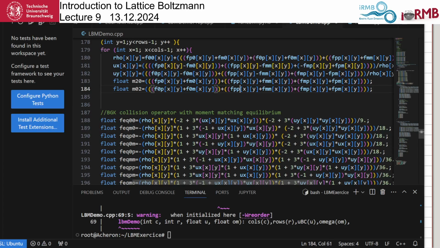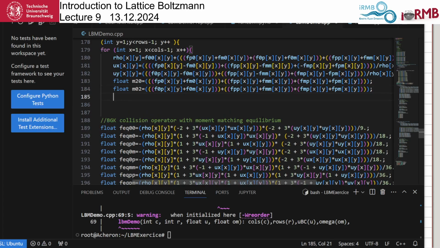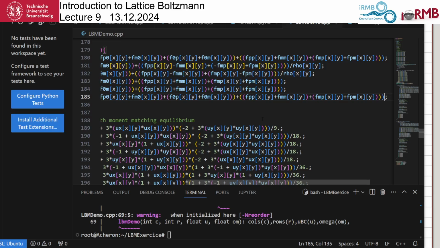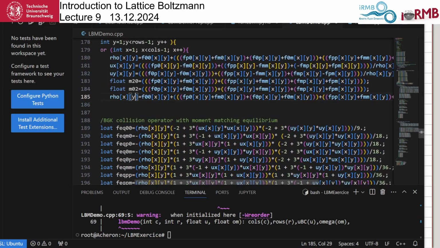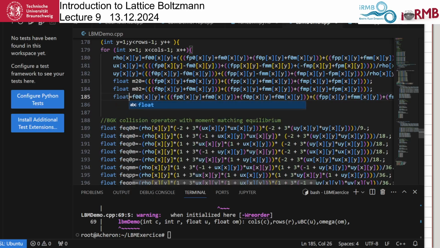Okay, so now we have these two second moments. Now I always start from the full thing. The next thing we need is this M11. Yeah, please, everybody is looking. What am I doing? So this is I to the power of 1, J to the power of 1.